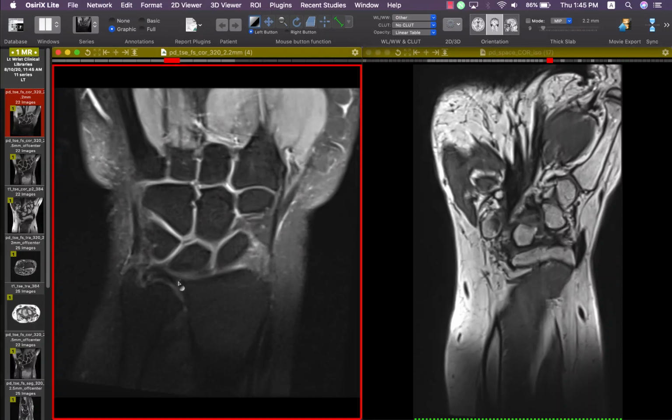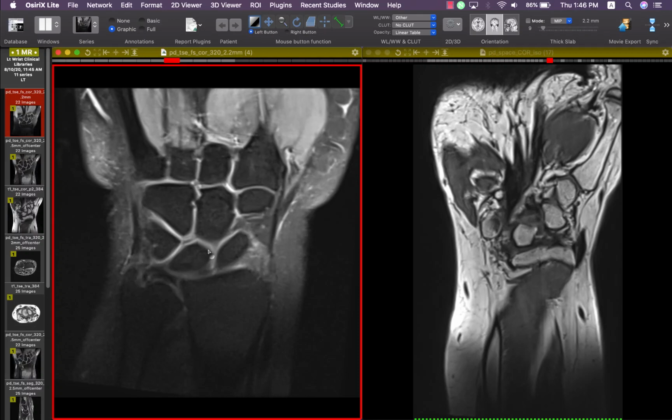We can see a high signal usually at the insertional site, the radial attachment of the triangular fibrocartilage, and this is the triangular ligament attachment of the triangular fibrocartilage, which is usually two bands, the foveal insertion and the laminar insertion, and the intervening high signal, which is called the ligamentum subcruentum.